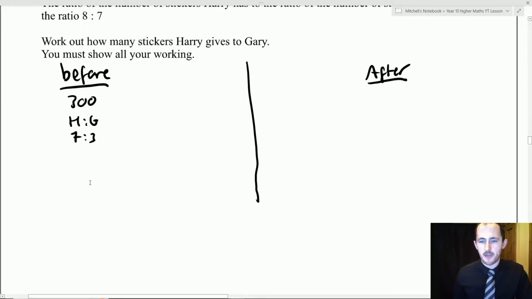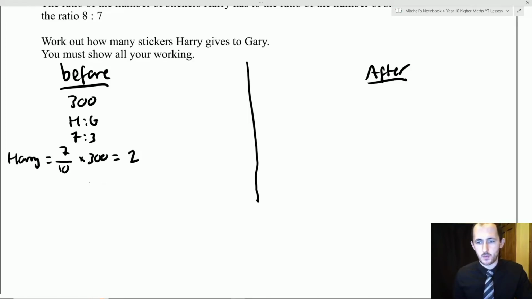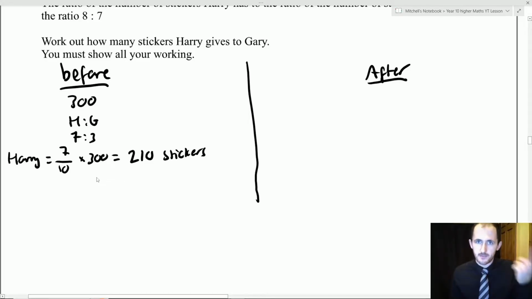So Harry is going to have 7 over 10 times 300. Okay? And that would be 210 stickers. The way I got that is I divided by 10, so I get 30. 3 times 7 is 21, so add on the 0. Which means Gary gets 90 stickers.